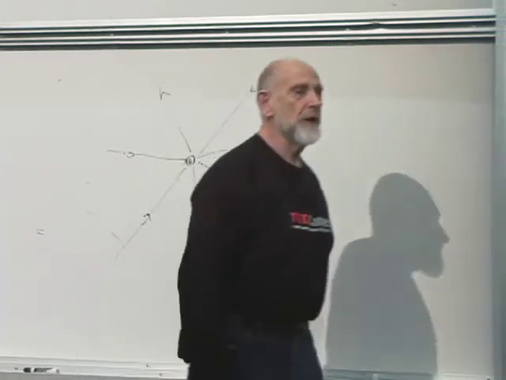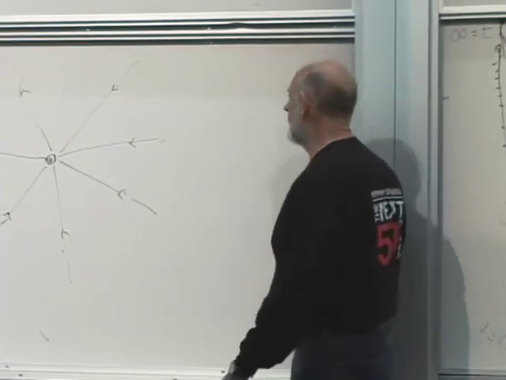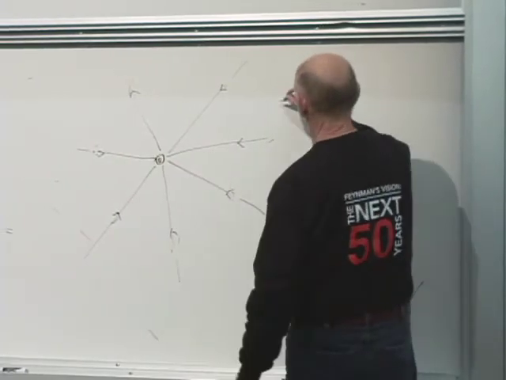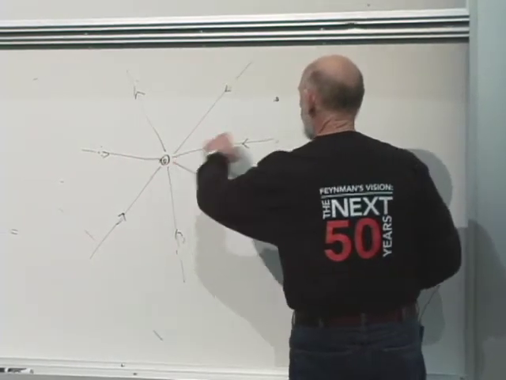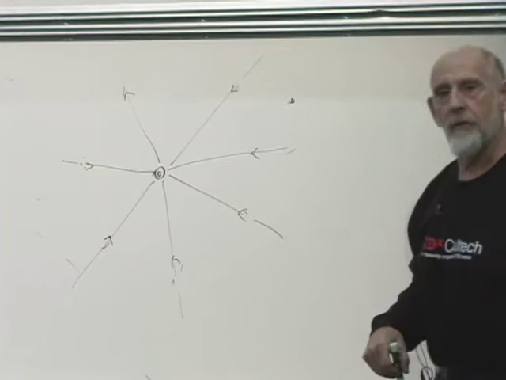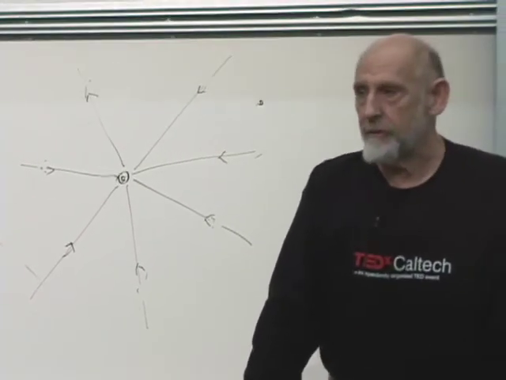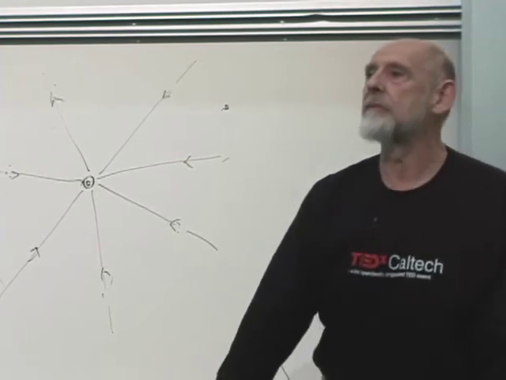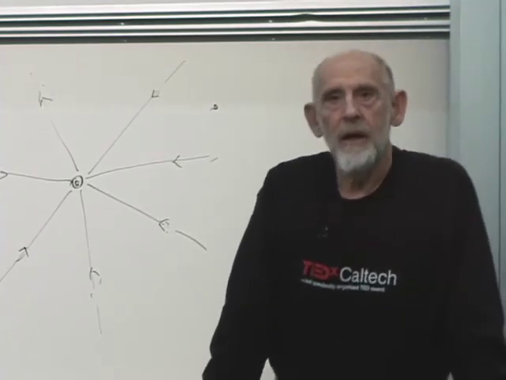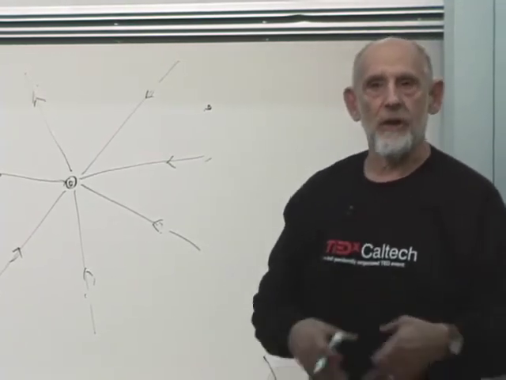So the rule is, at any point, the force on a test object points along the direction of the line of force that passes through that point. And what about the magnitude of the force, the magnitude of the gravitational field? It's proportional to the density of the lines.